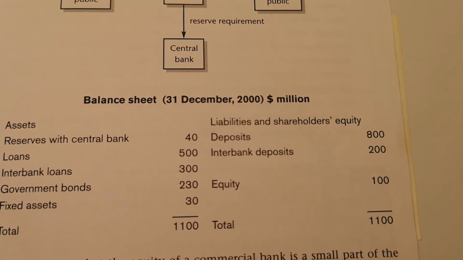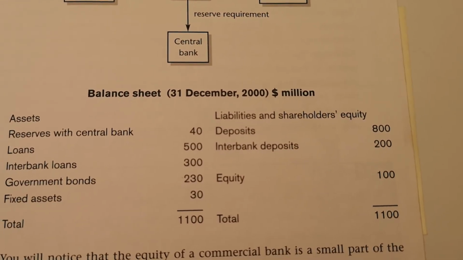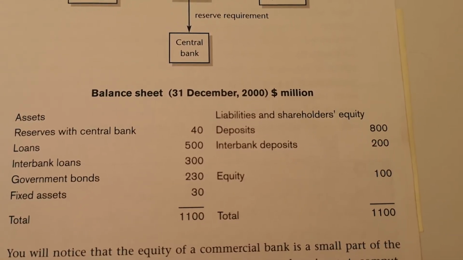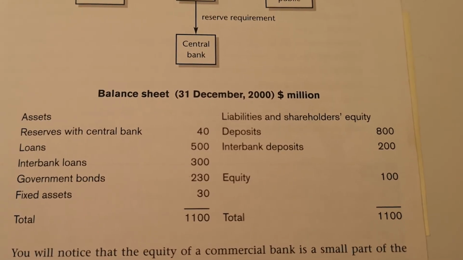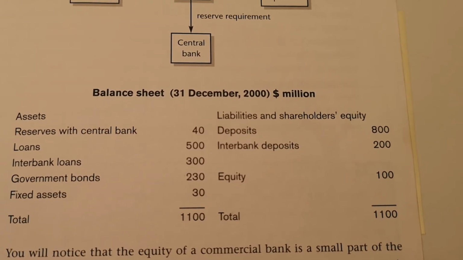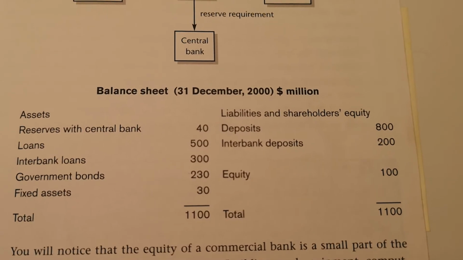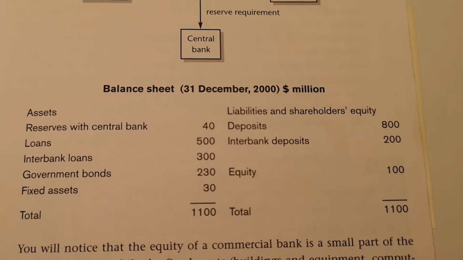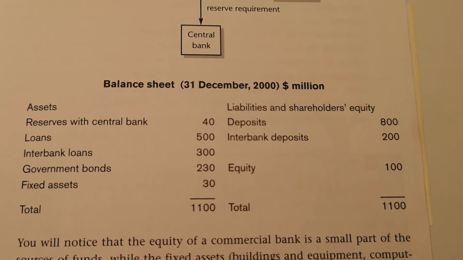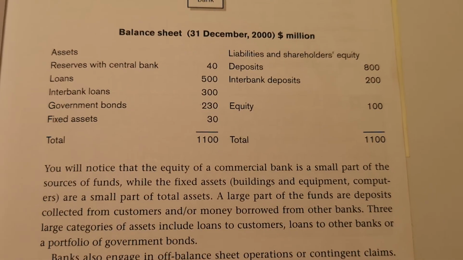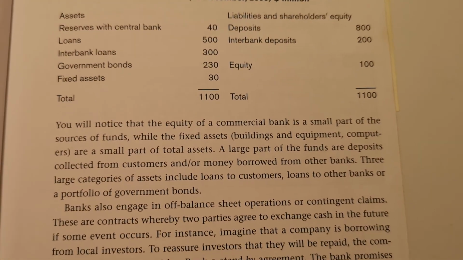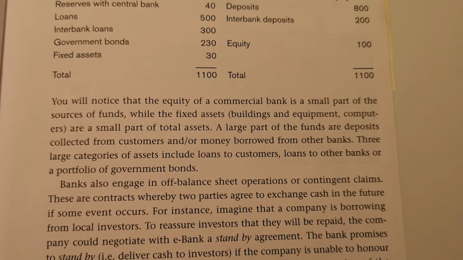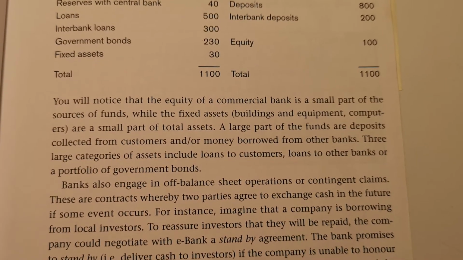From the liabilities and shareholders' equity, on the right side, we have deposits of 800 million, interbank deposits 200 million, equity 100 million, total 1,100 million. It balanced.